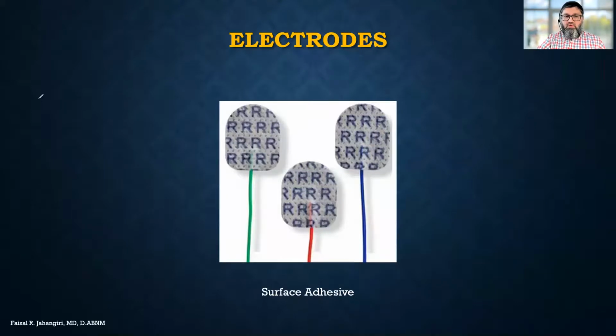Let me explain the normal resting membrane potential. If this is the nerve, the normal resting membrane potential is about minus 70 millivolts, 65 to 70 millivolts, with negative ions inside and positive outside.